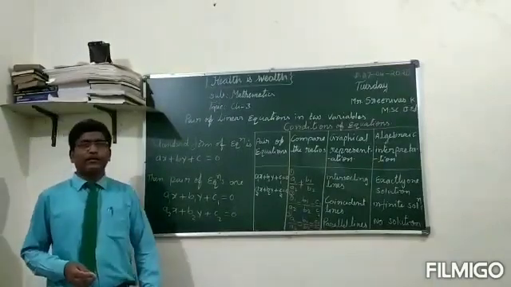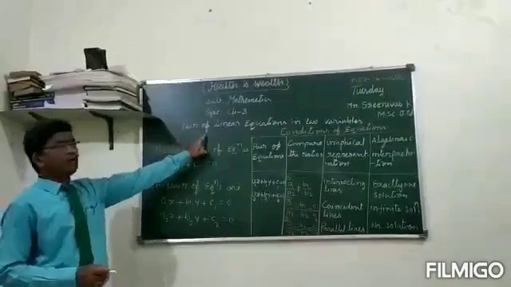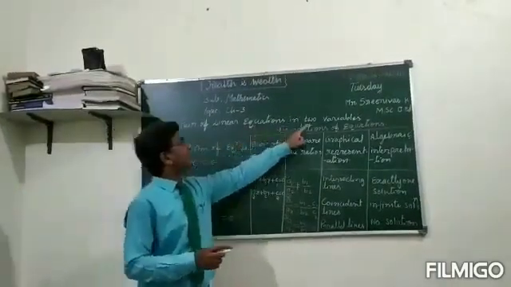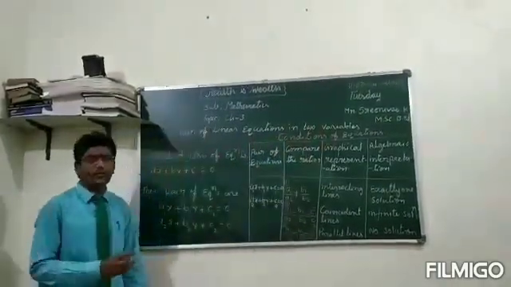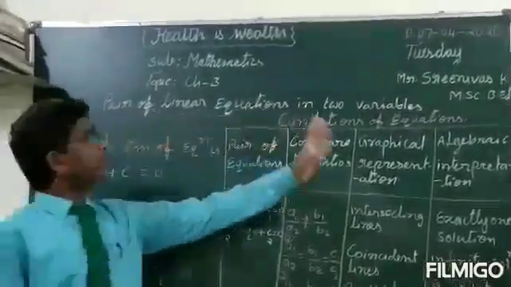Okay, so today we are going to study chapter number 3 of 10th standard, that is pair of linear equations in two variables. So we need to know the meaning of the chapter here. Pair means two, linear equation in two variables.